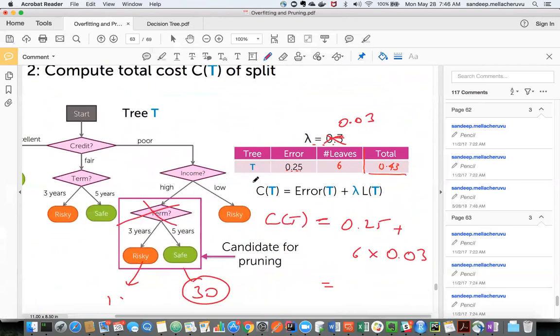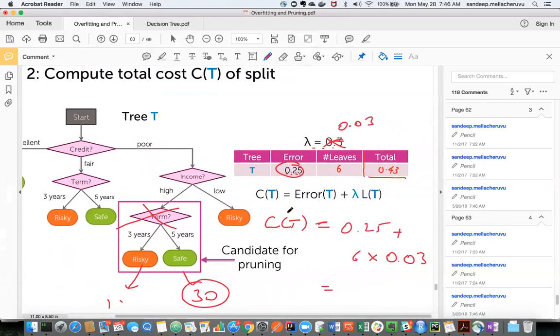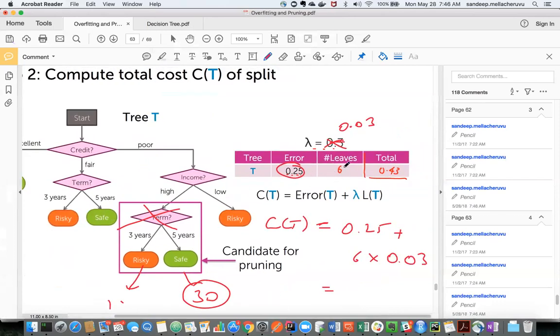For this tree, let's say the error is 0.25 and the number of leaves is 6. The tree has an overall error of 0.25. 0.25 is not the error only for this branch. It is the error for the entire tree.